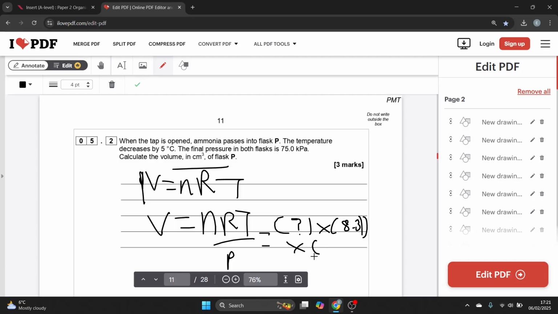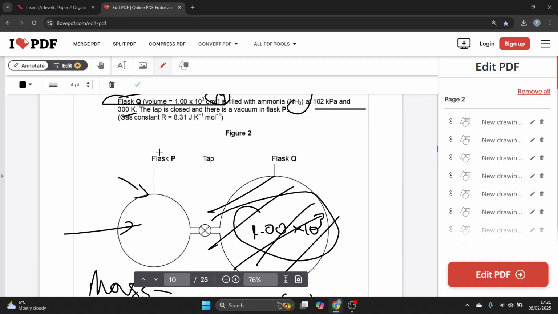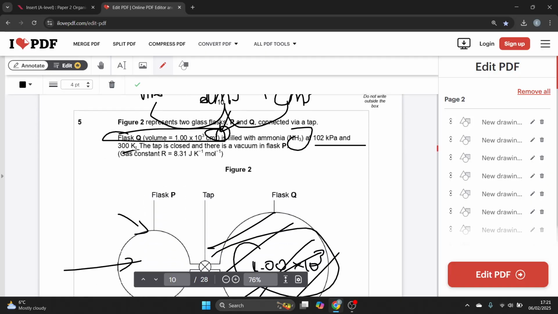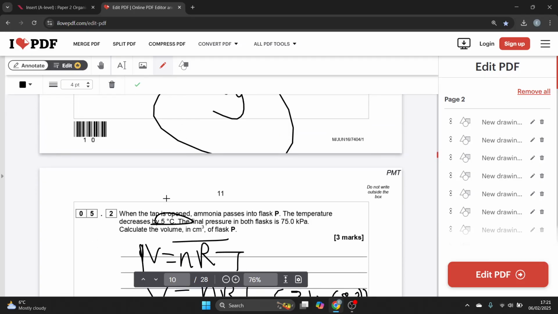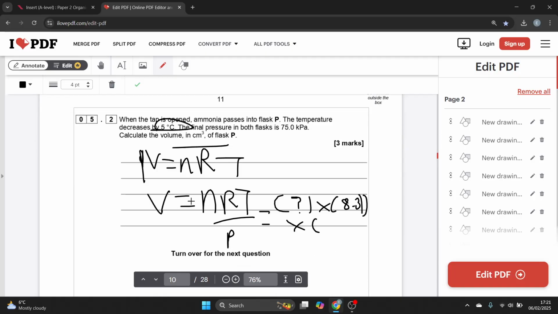times the temperature, but I know the temperature decreases by 5 degrees Celsius. So what does that mean? That just means that this 300 Kelvin becomes 295 Kelvin. If it's a decrease or increase in temperature, in degrees Celsius or Kelvin, it doesn't matter.